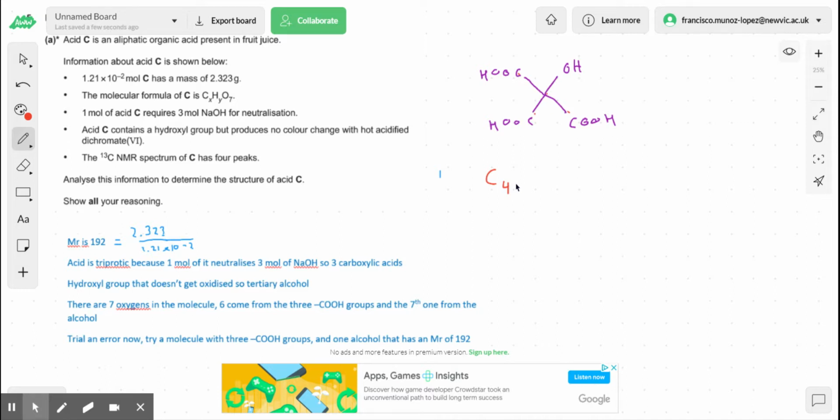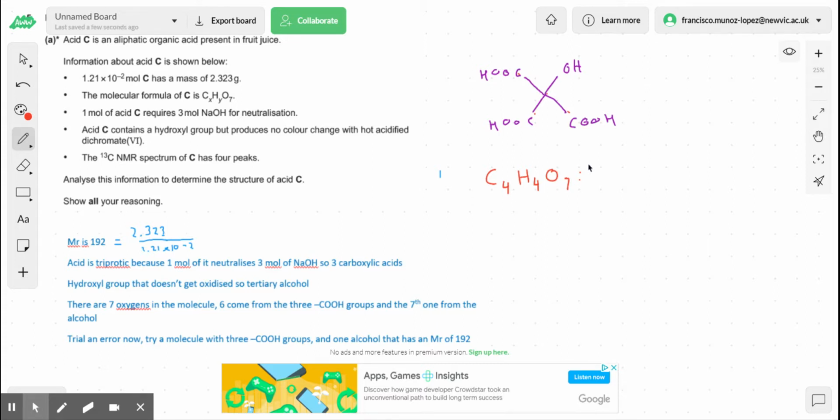If we had no double bonds, then we would have 4 times 2 plus 2, which is 10 hydrogens. But for every double bond we have, we remove 2 hydrogens. Because we have 3 double bonds, we remove 6 hydrogens. So 10 minus 6 gives you 4. And then O7.